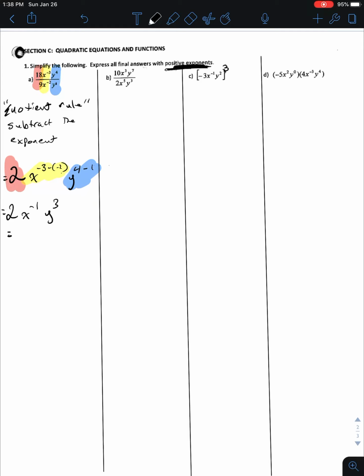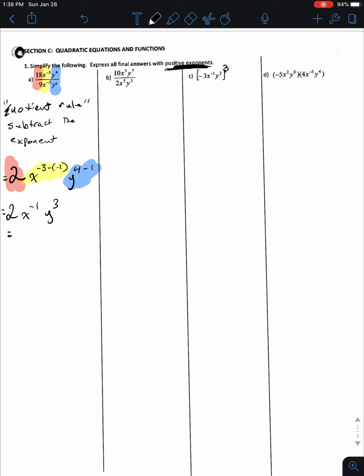I'll write a little note to myself: dividing column, just do the math on the exponents. -3 minus -2 is going to be -1. So we have 2x to the -1, y, 4 minus 1 is then y cubed.